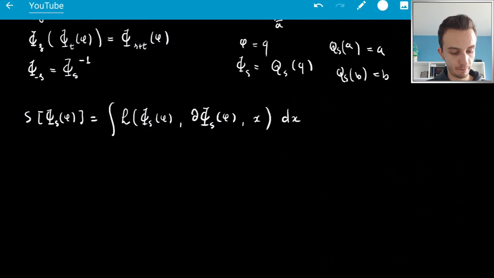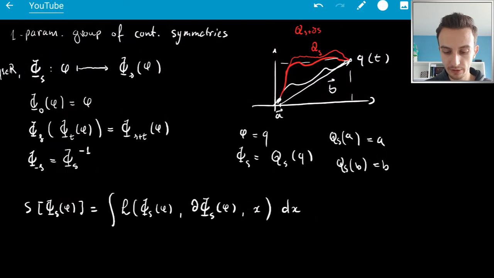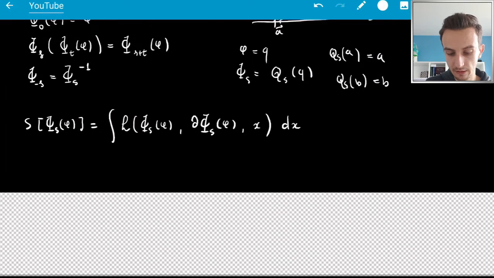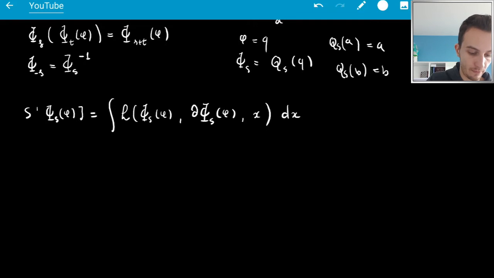And now I just want to minimize the action, right? I want to minimize the action, and what I have is these different trajectories, so I want to find small phi for which it's minimal.